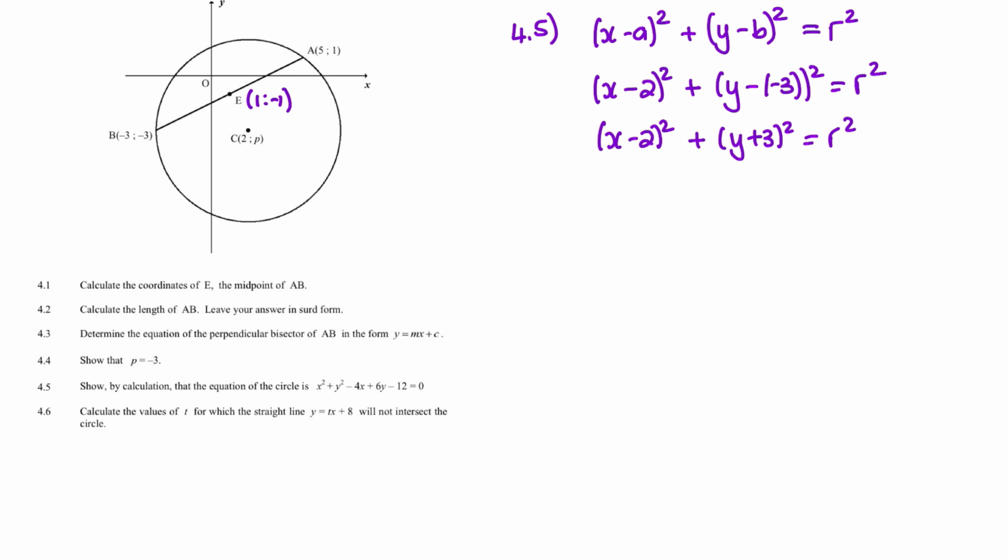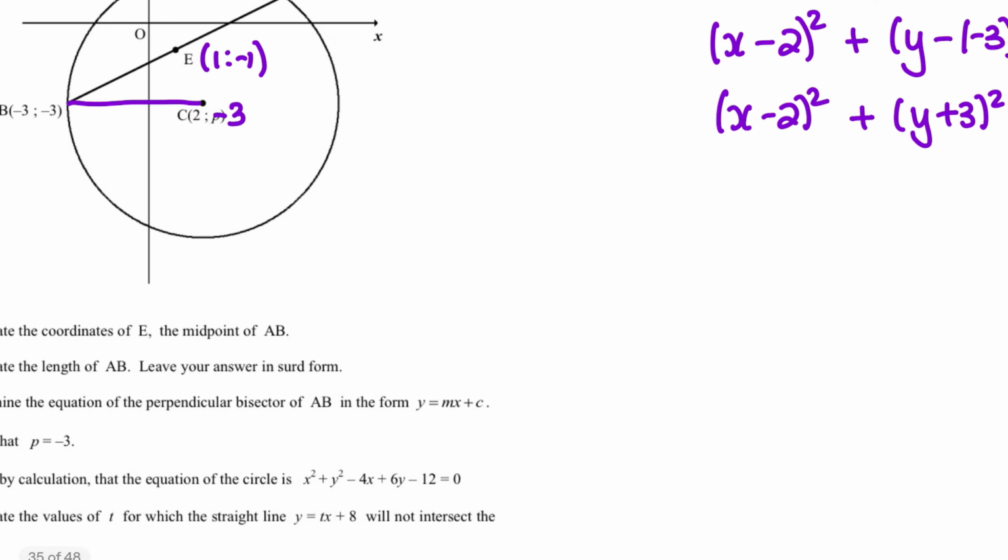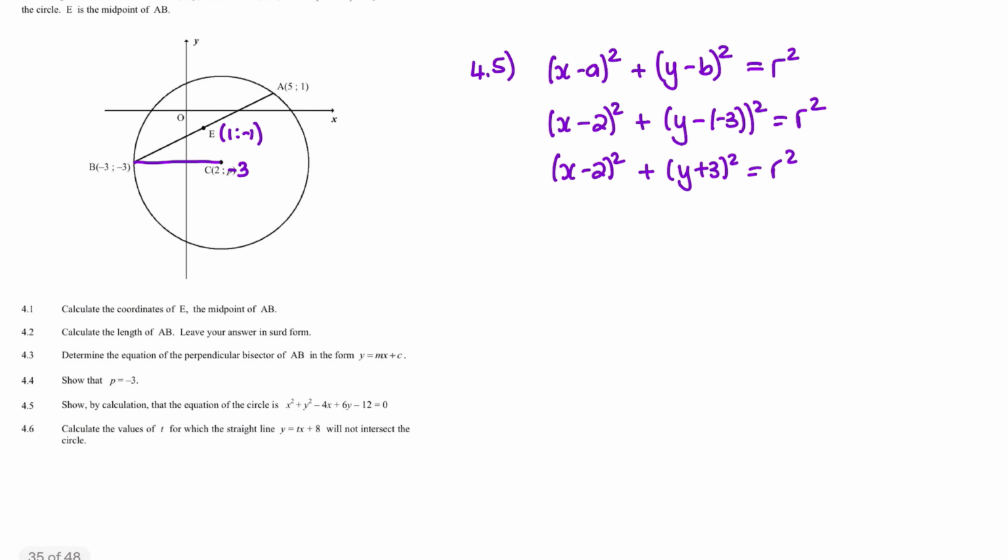And if p is negative 3, then we don't have to calculate the length of the radius, because can you see the y values are the same? So the radius of the circle would be the difference in the x values. The difference between negative 3 and 2 is 5. So therefore, the radius of the circle is the length of BC, which is 5 units.